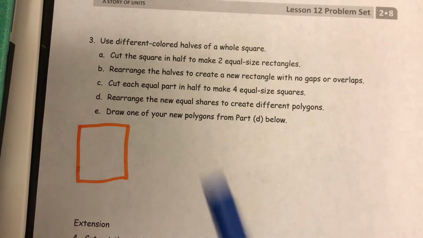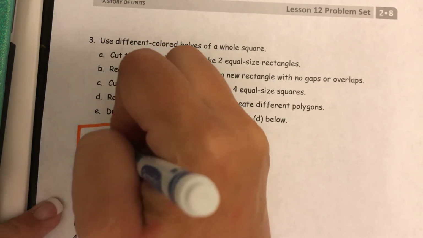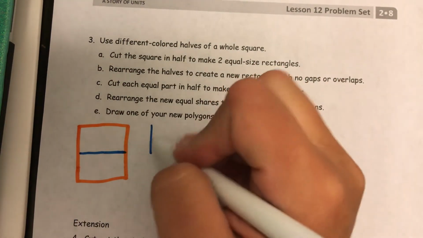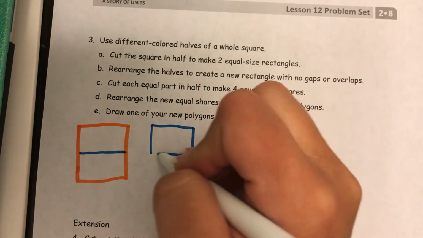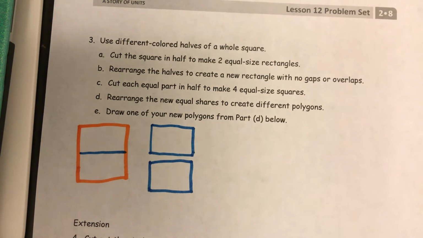And it says to make 2 equal sized rectangles. So I'm going to use a different color, okay? Or you could put it over here. Here's your rectangle. Pretend that we cut it up, okay? Then rearrange the halves to create a new rectangle with no gaps or overlaps. So you could do this.